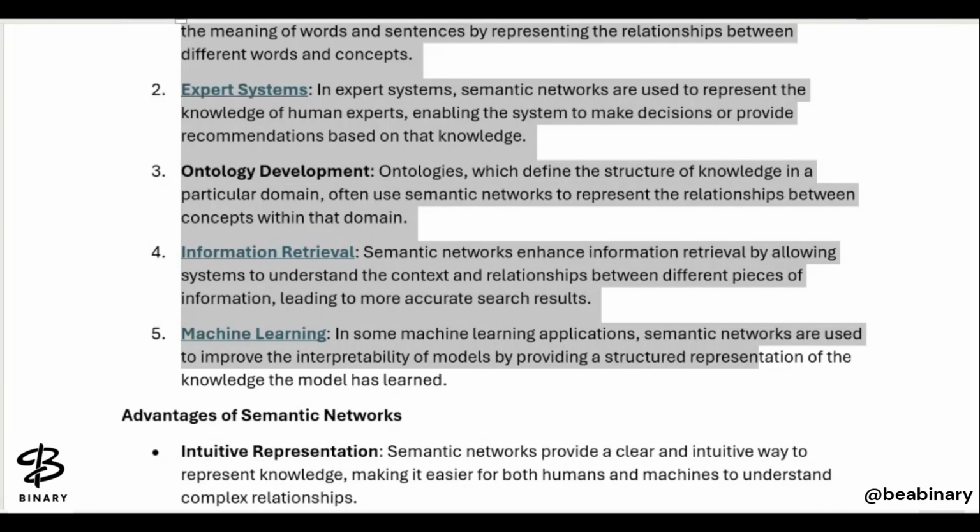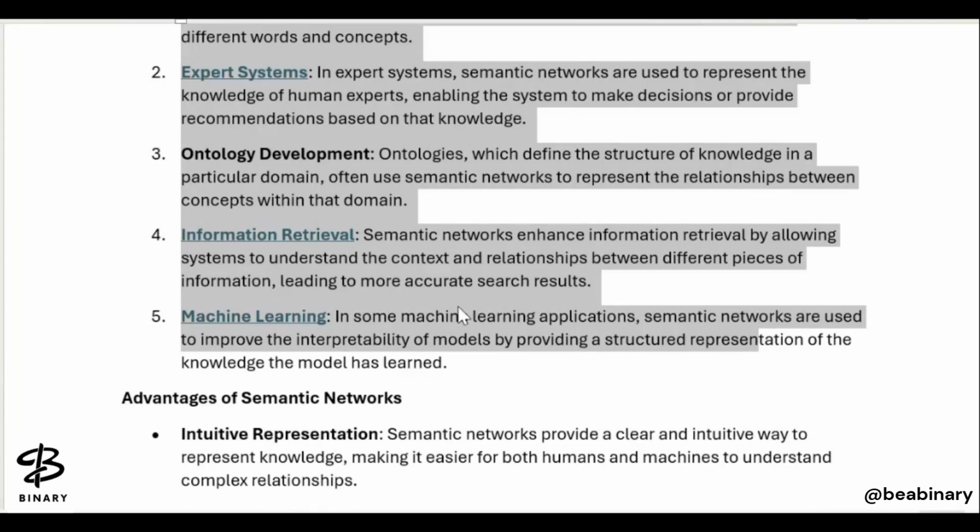Again, when we talk about understanding the meaning, simply we are talking about machine learning, right? So with the help of the semantic network, we are implementing a machine learning technique in some machine learning applications. Semantic networks are used to represent the interpretability of models by providing a structured representation of a knowledge model that has been learned.